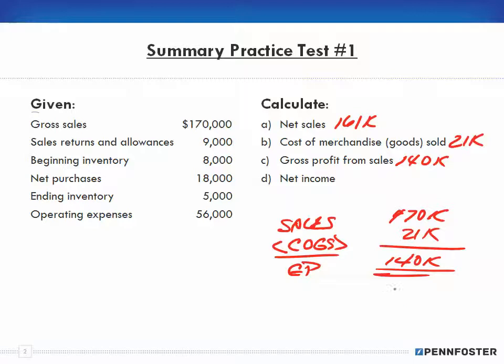It doesn't take into consideration any additional sales and administrative expenses, like utility expenses, advertising expenses, payroll expenses, and miscellaneous expenses. You have to subtract those from your gross profit in order to determine your profit or loss.